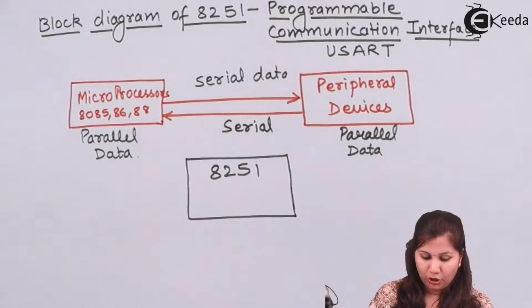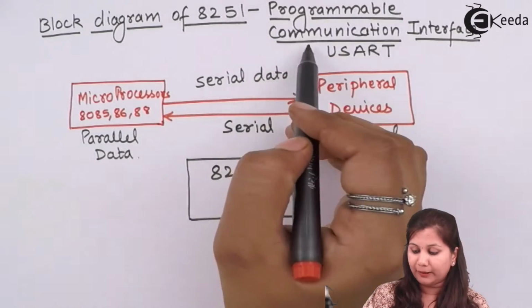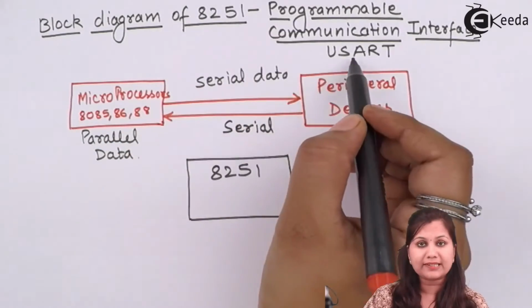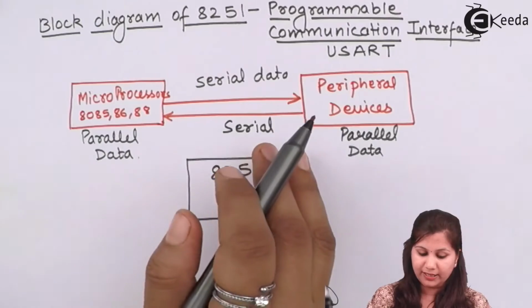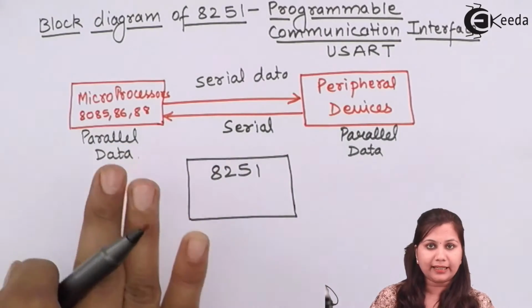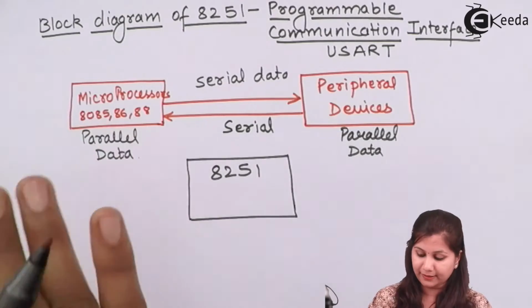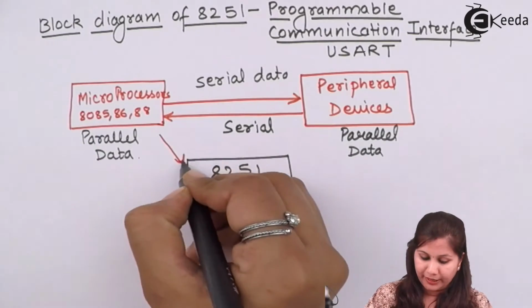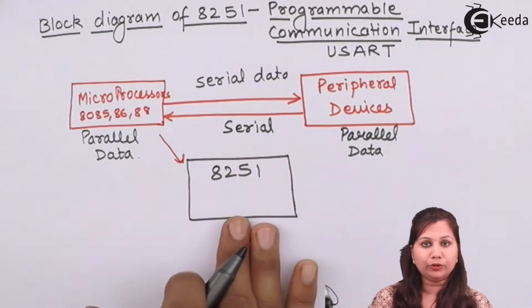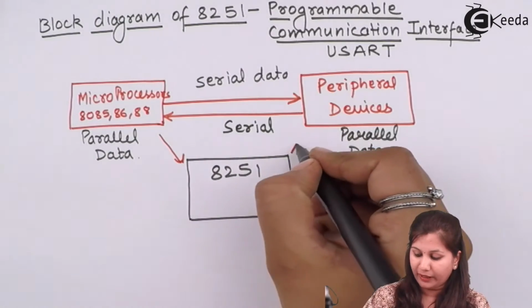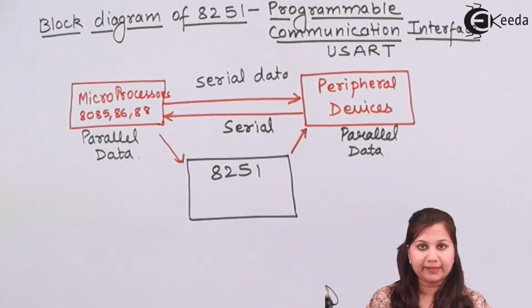This programmable communication interface 8251, also known as USART, accepts the data characters from the CPU or the microprocessor. It is going to convert that into serial form and then provide it to the peripheral devices.